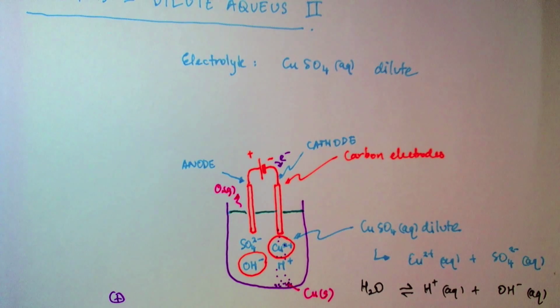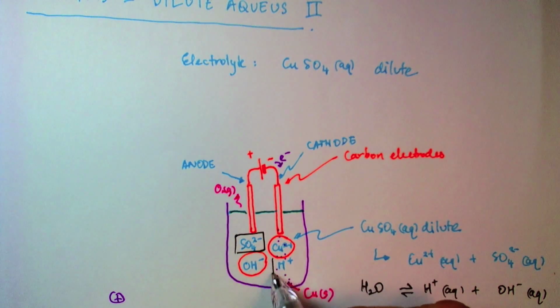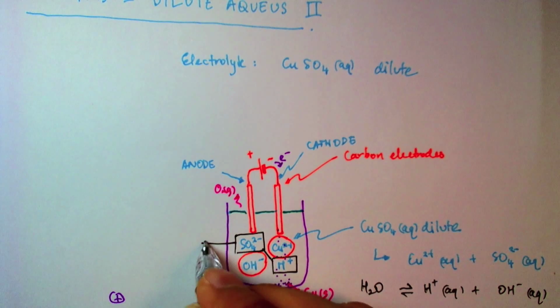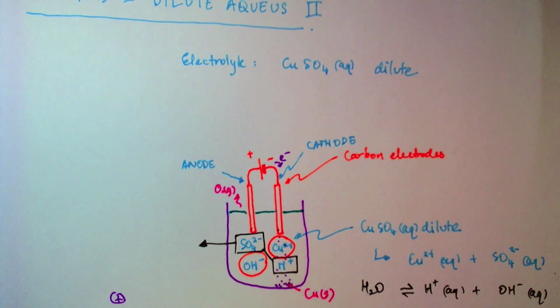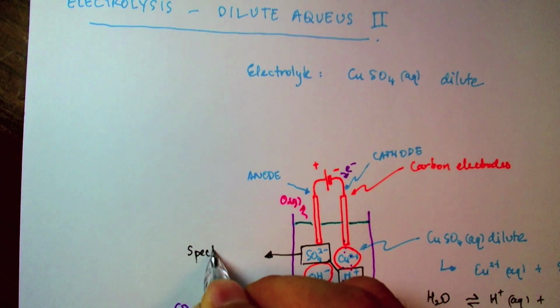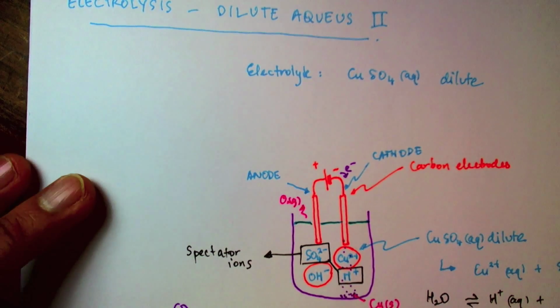Now I can identify the spectator ions, the sulfate ions and the hydrogen ions. They did not take place in a reaction, so they're just watching, hence spectator ions.